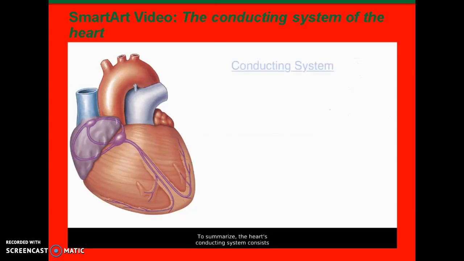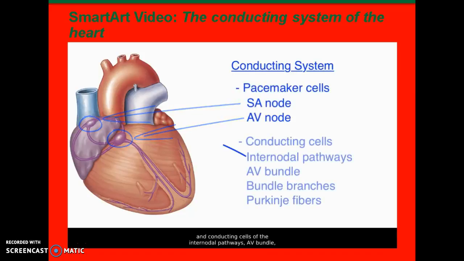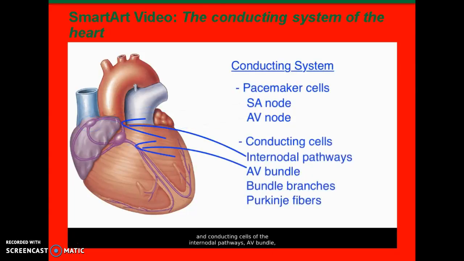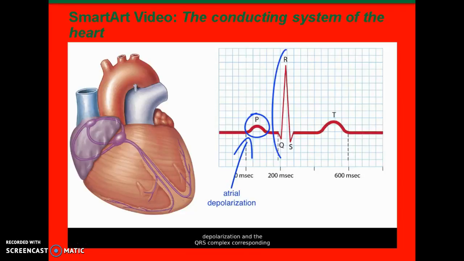To summarize, the heart's conducting system consists of the pacemaker cells of the SA and AV nodes and conducting cells of the internodal pathways, AV bundle, bundle branches, and Purkinje fibers. The electrical events of the conducting system can be seen on an electrocardiogram, with the P wave representing atrial depolarization and the QRS complex corresponding to ventricular depolarization.